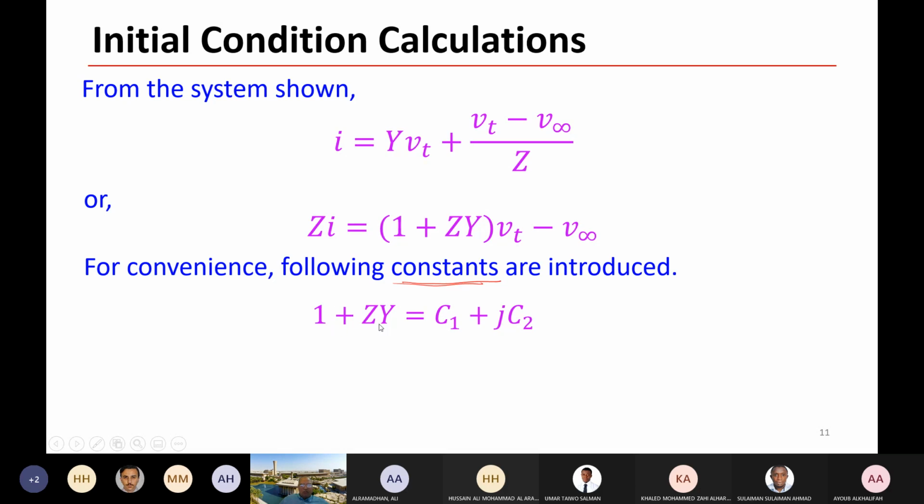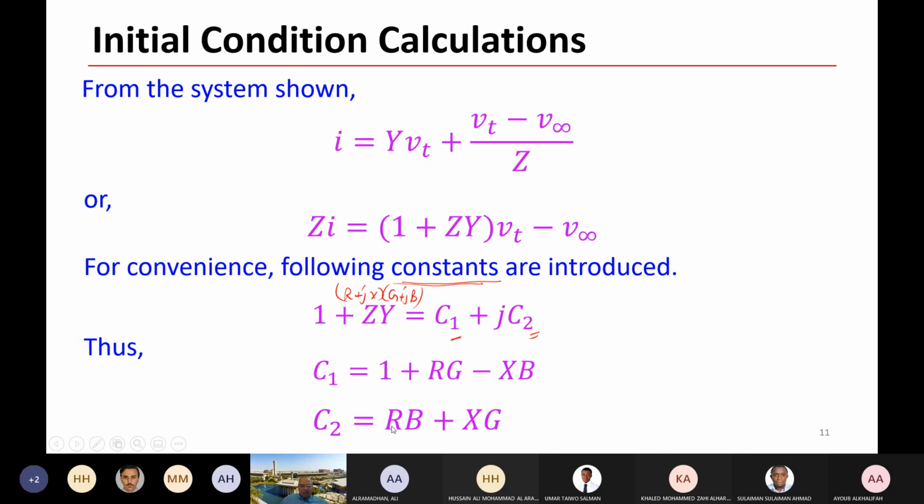So 1 plus ZY equals C1 plus jC2. And of course you can get C1 and C2 if you substitute Z equal to R plus jX and Y equal to G plus jB, and you can have the real part and the imaginary part. So this is C1, and this is the second constant, C2, which is equal to RB plus XG. So these are the two constants that we have here.